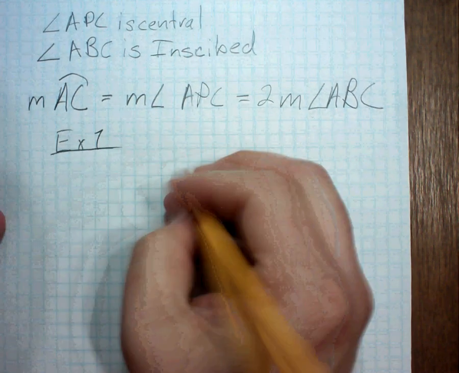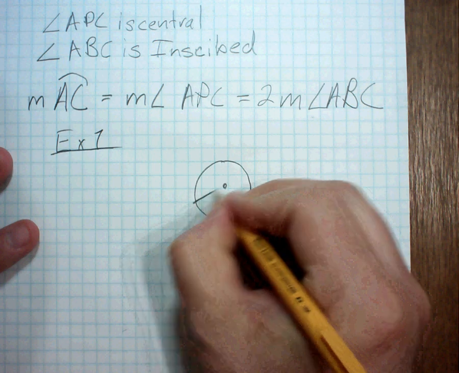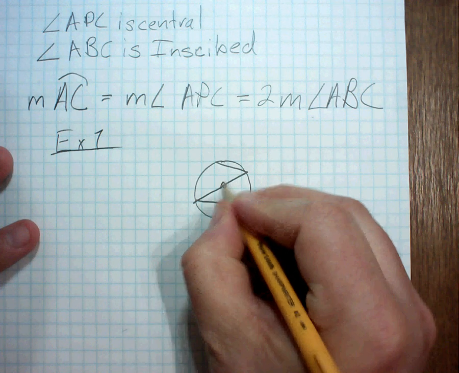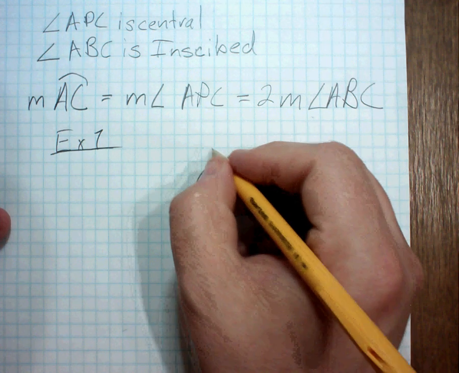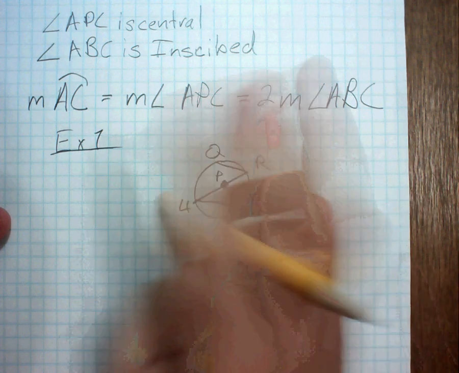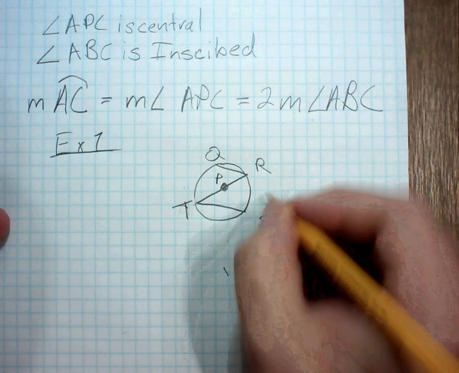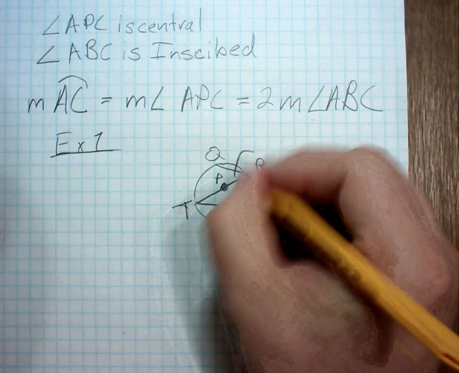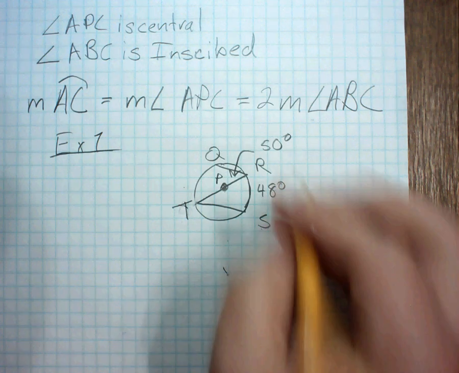For example number 1, I have a perfectly drawn circle that goes through here and kind of does one of these deals, where we'll call these Q, R, P, T, and S. And we're told that this arc from here to here is 48 degrees. And this angle here is 50 degrees.